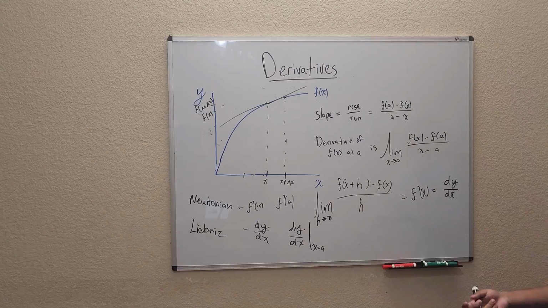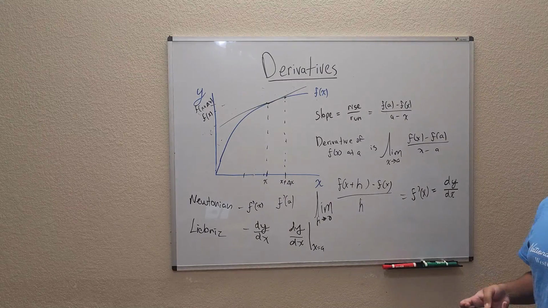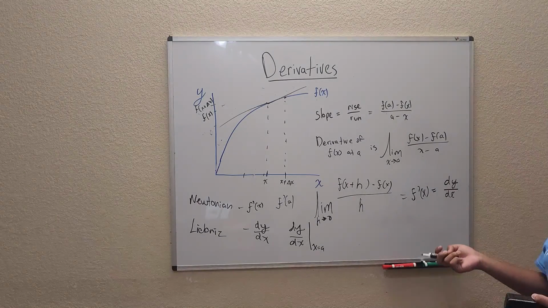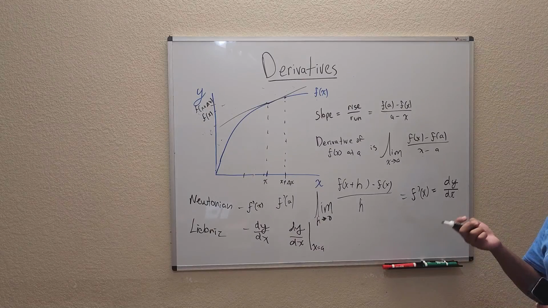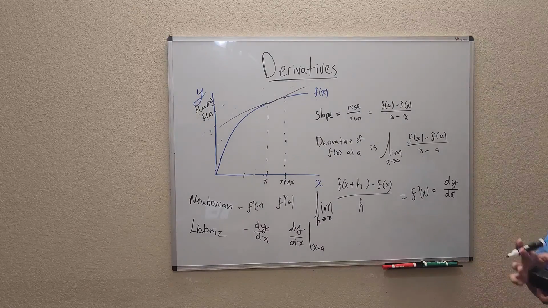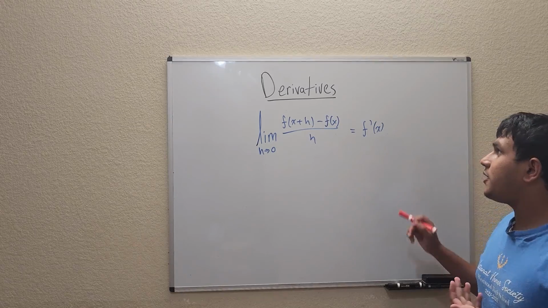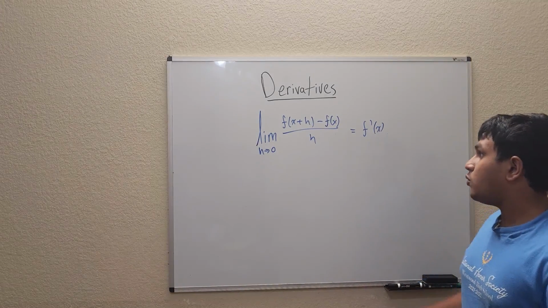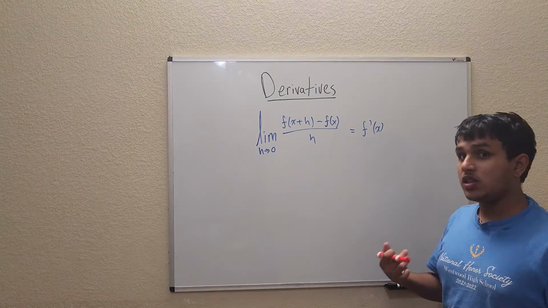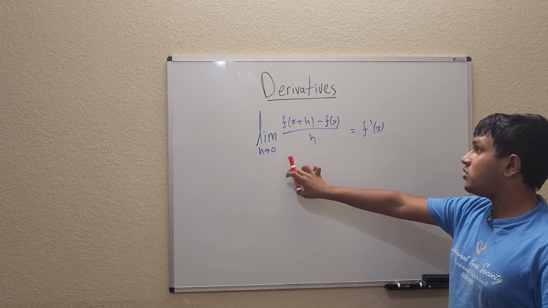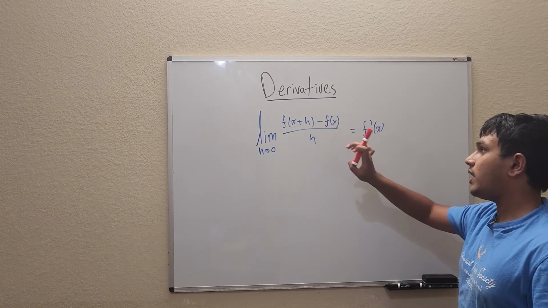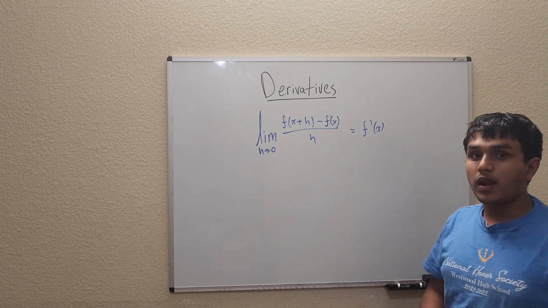So now that is the limit of a derivative, and now we'll cover something called the power rule, which is used to take derivatives of very common functions. So now we'll be looking at something called the power rule. We have the definition of the derivative here, which we just derived. The limit as h approaches 0 of f of x plus h minus f of x over h equals f prime of x.